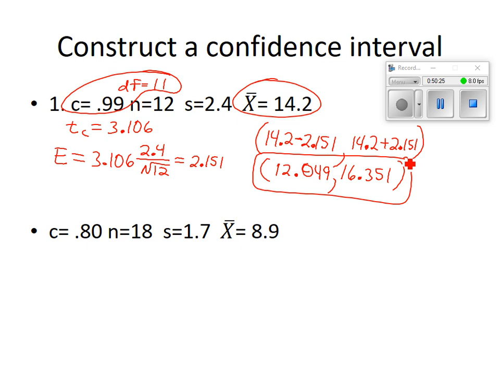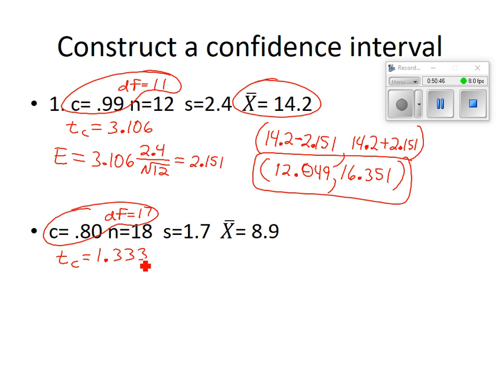What's our DF on this next one? 17? Look that up. 1.333. Three threes.